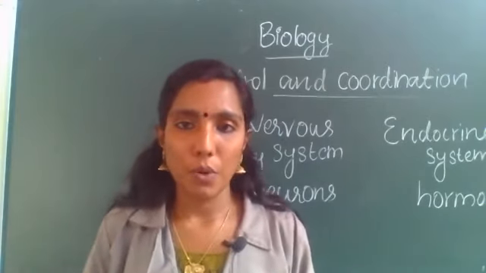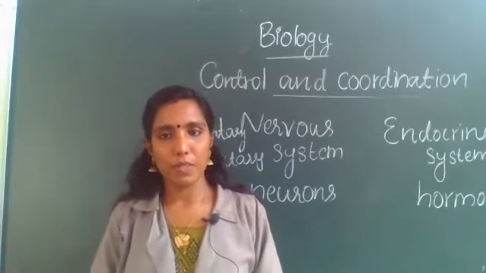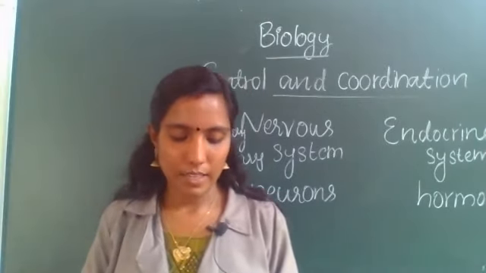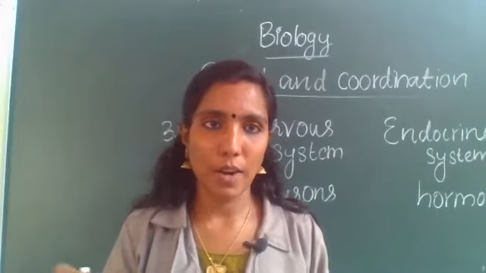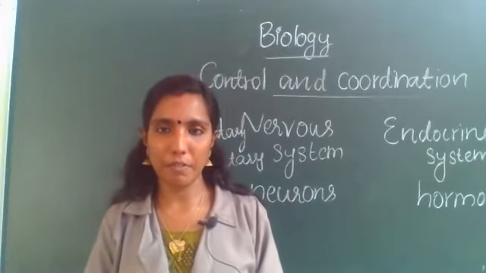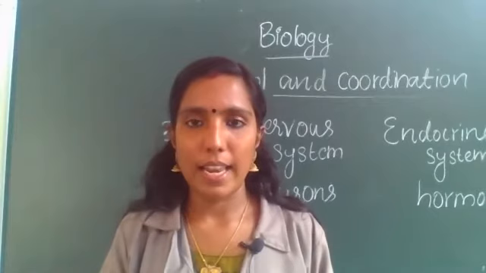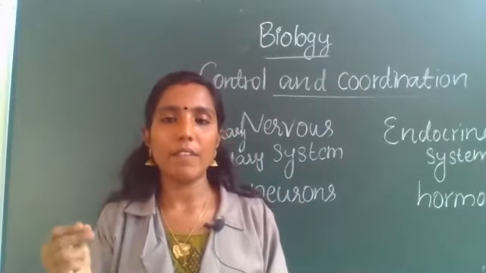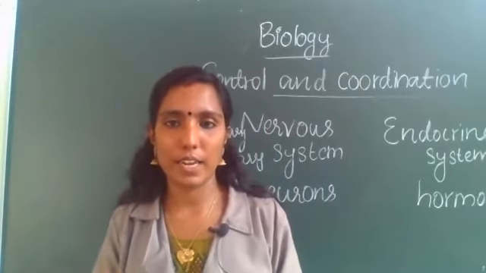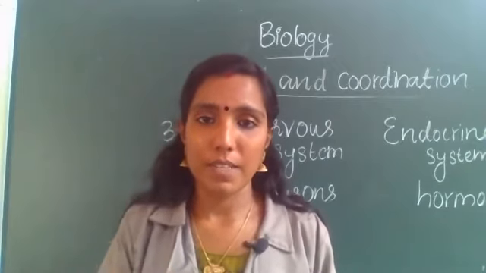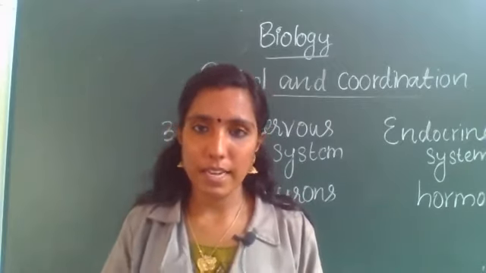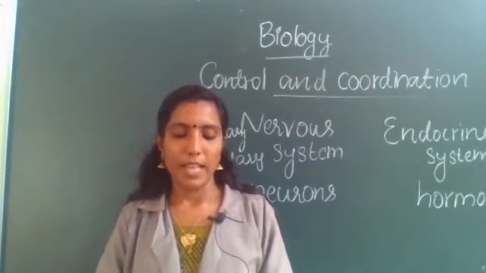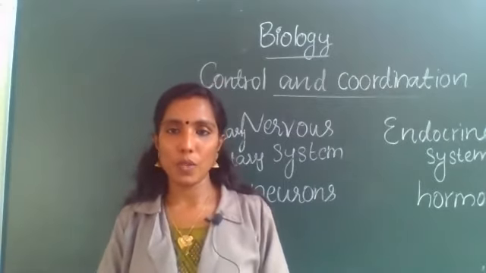Next one is photoreceptors. What do I mean by photoreceptors? Photoreceptors are present in our eyes that help us to identify light. When the light is coming, we can identify that with the help of our eyes. The next one is phonoreceptors.